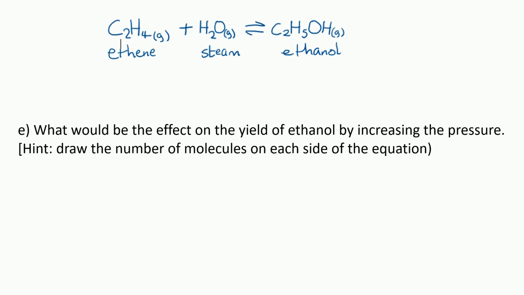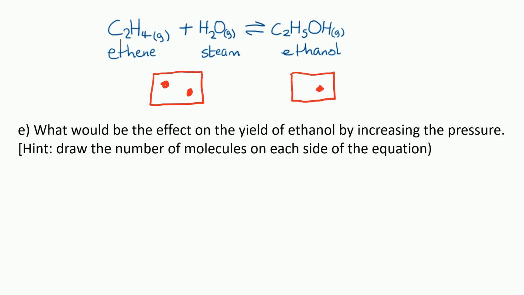Sticking with the same reaction, what would be the effect on the yield of ethanol by increasing the pressure? And it's a good idea to draw the number of molecules on each side of the equation. So there's 2 molecules on the left, 1 molecule of ethene and 1 molecule of steam, and there's only 1 molecule of ethanol on the right.